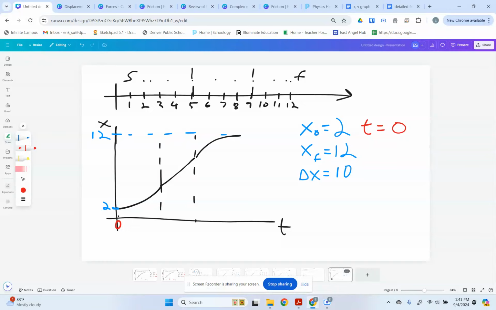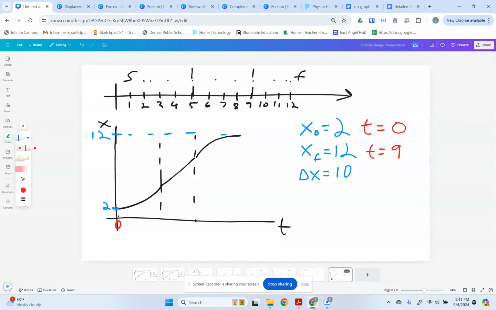I start at 0, the next dot is 1 second, then 2 seconds, 3, 4, 5, 6, 7, 8, 9. That last dot happened at 9 seconds, so the time at the end would be 9 seconds.